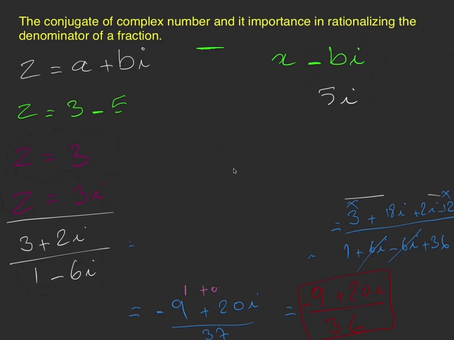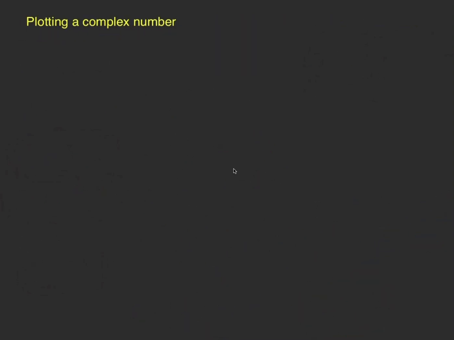So let's plot some complex numbers. We'll try to plot a complex number. For example, we have z equal to 3 plus 5i.